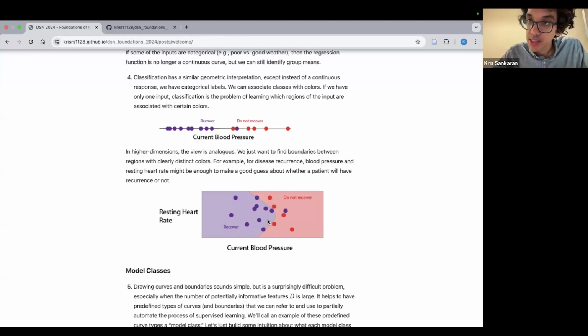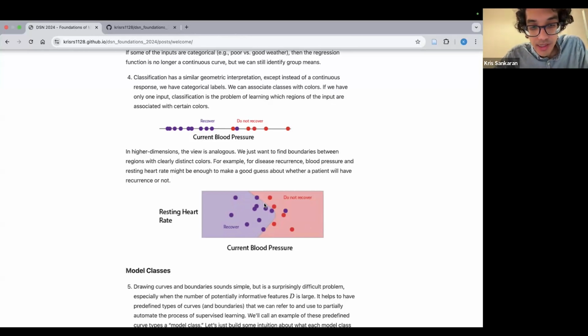Even with two variables, it gets a little bit more complicated. You could have this kind of curve, and you can imagine that as you get 100 variables, that gets even more complicated, right? So on the one hand, you want to have more features so that you can potentially discover more relevant rules. But the more features you have, the more challenging it becomes for the algorithm.